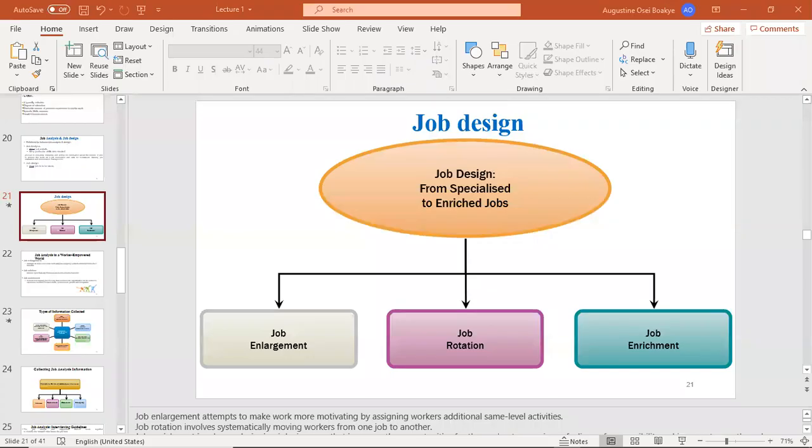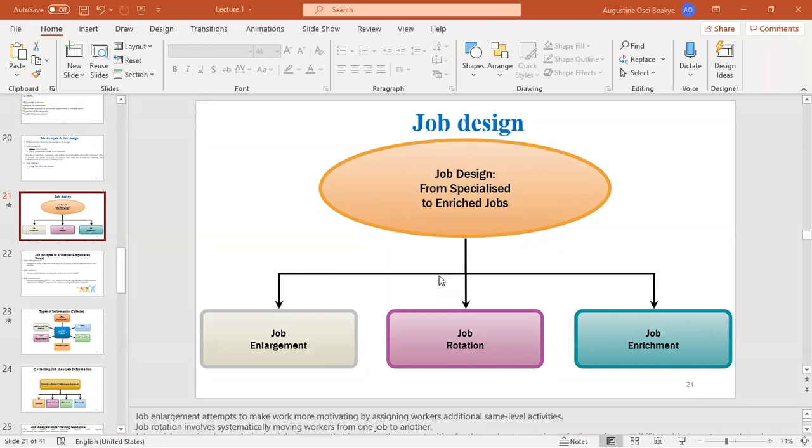Let me share my screen again. Can you see the screen? Can you see my screen? Yes, sir. Good. It's showing.